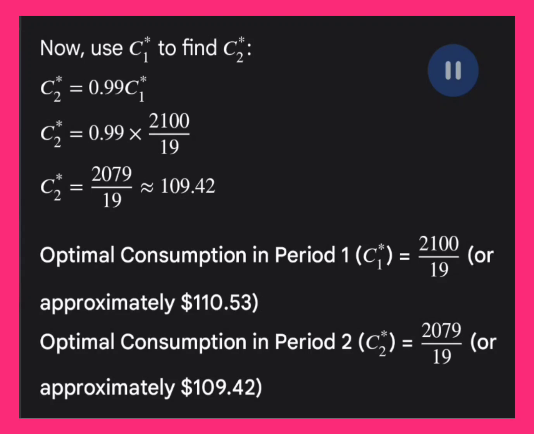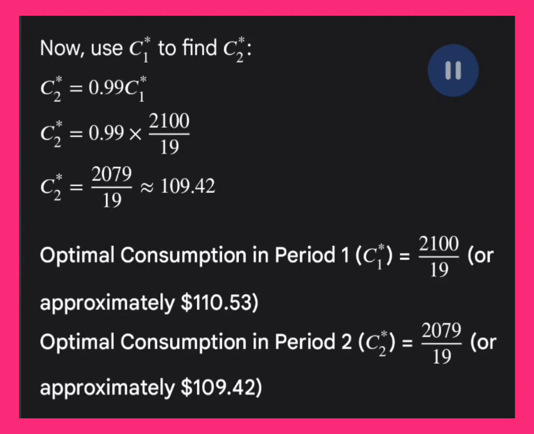Optimal consumption in period 1, C_1 star equals 2100 over 19, or approximately $110.53. Optimal consumption in period 2, C_2 star equals 2079 over 19, or approximately $109.42.